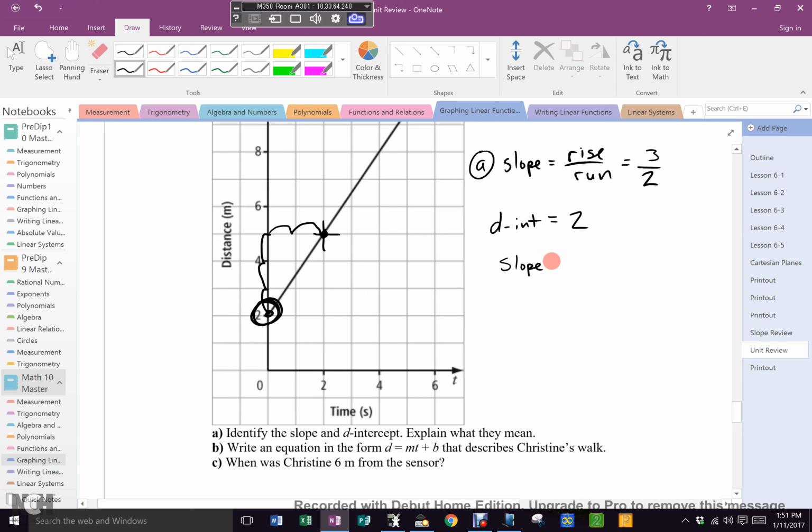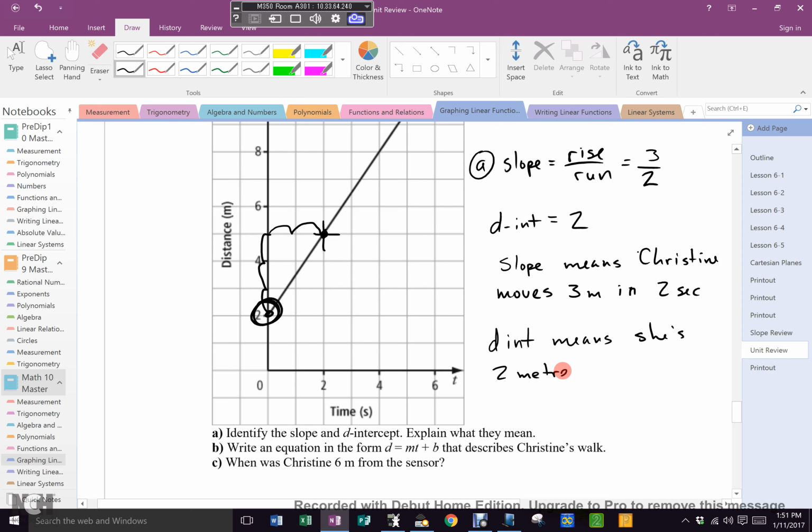Slope means Christine moves 3 meters in 2 seconds. And the d-intercept means she's 2 meters away when we start timing.